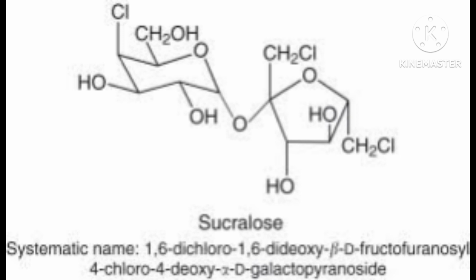The second example I am telling you is saccharin. I already told you its structure is simple: two rings. One ring is benzene, a 6-member ring, and the other is a 5-member ring. Both are attached.